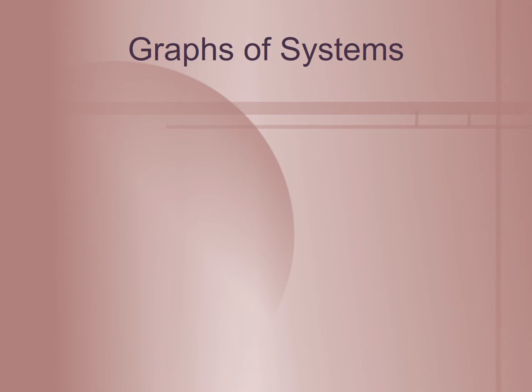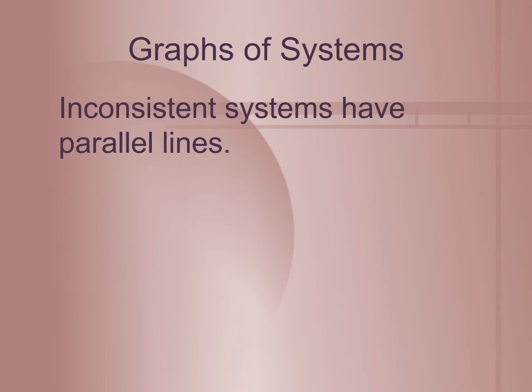We can also look at the graphs of our systems. For inconsistent systems, where there is no solution, the graphs are parallel lines because they never cross, they never intersect. There's no point of intersection, because if there was, that would be a solution, which means it would be consistent.